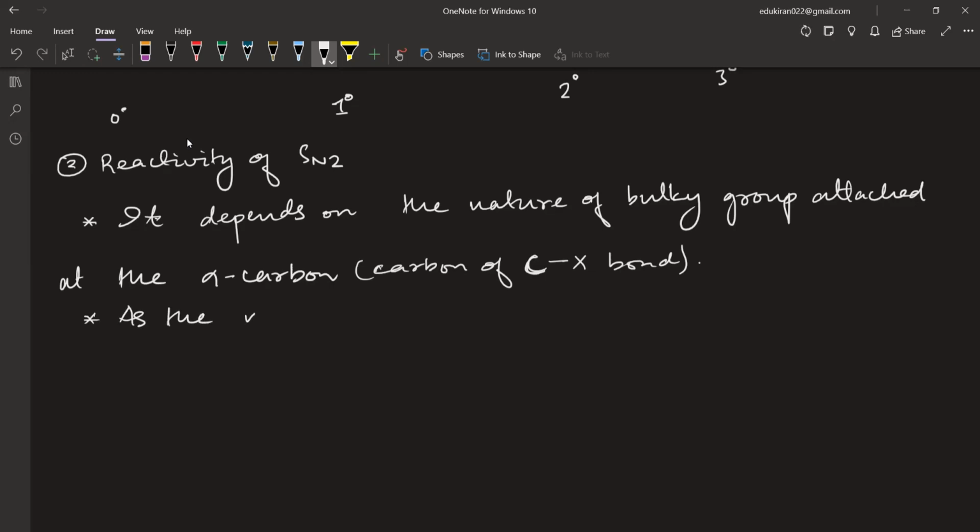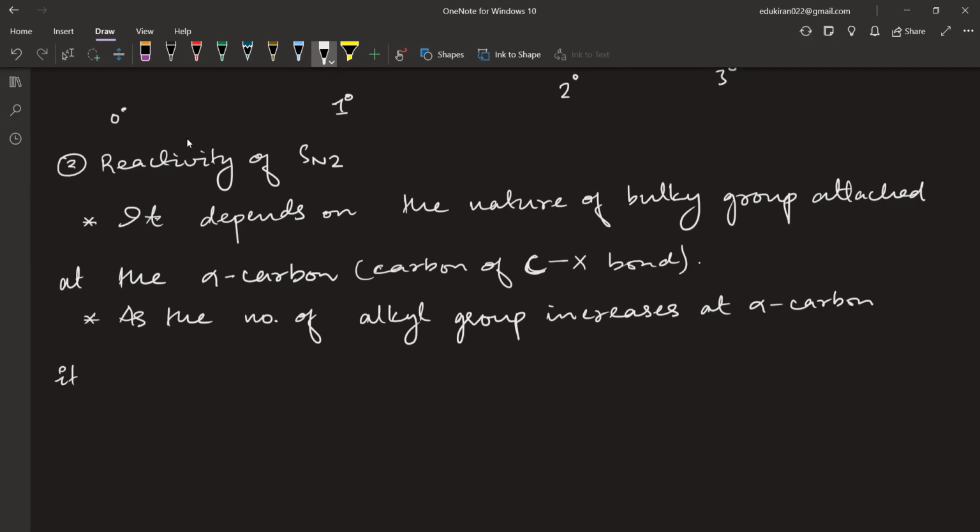As the number of alkyl groups increases at the alpha carbon, what is going to happen?